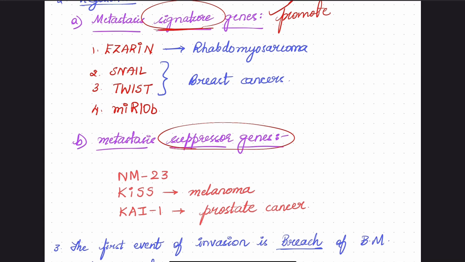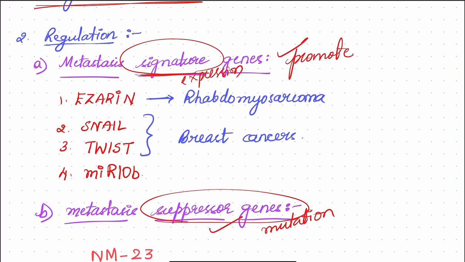The mutation of the suppressor genes favors metastasis, whereas the expression of the signature genes promotes metastasis. A few examples we'll learn of the signature genes. A few examples are E-cadherin, a signature gene whose expression promotes metastasis in case of rhabdomyosarcoma.